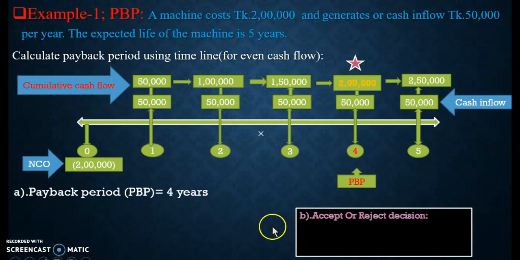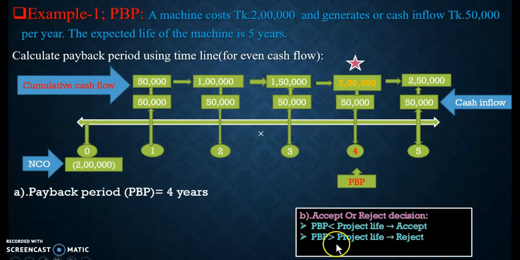B. Accept or reject decisions. Is this project profitable or non-profitable? Here we have some accept or reject conditions. 1. PBP less than project life, the project will be accepted.